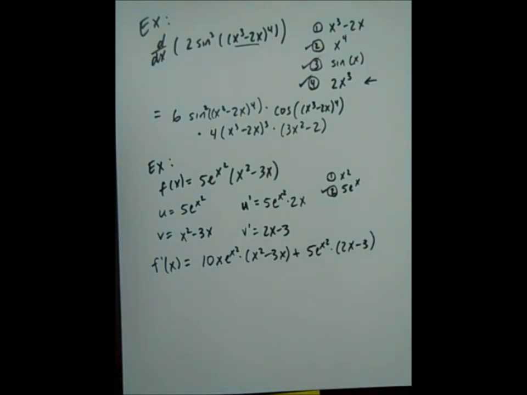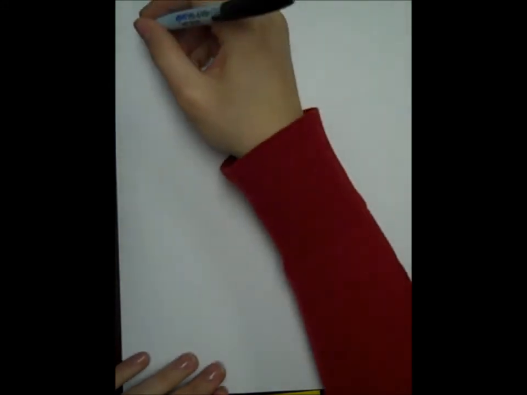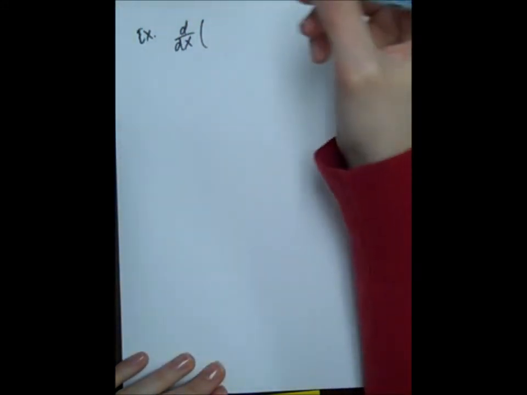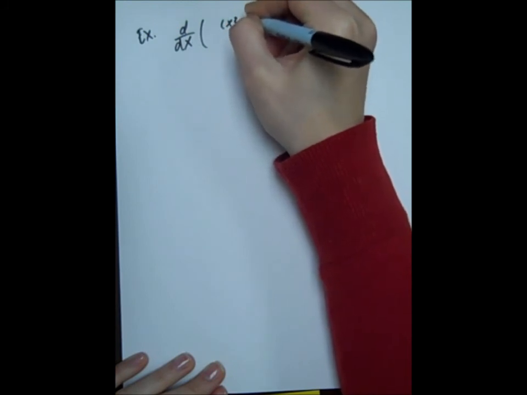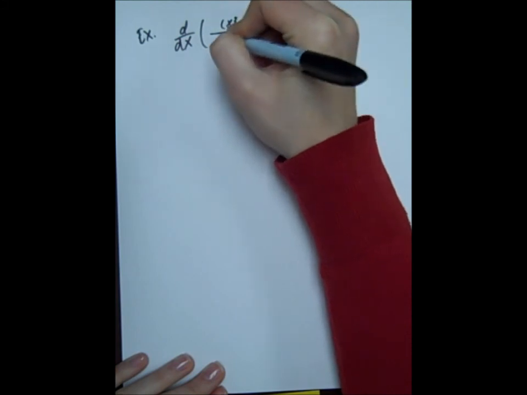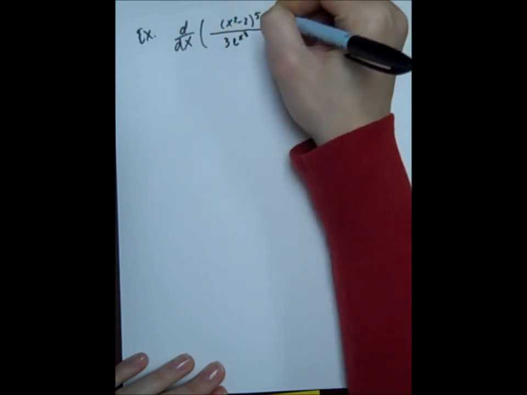So just because we have the chain rule doesn't mean we can forget the product rule or the quotient rule. It just means that whenever we're finding u prime and v prime, we might have to use the chain rule. So let's do maybe one more example where I have to involve a quotient. Let's find the derivative of x squared minus 2 to the fifth over 3e to the x cubed.